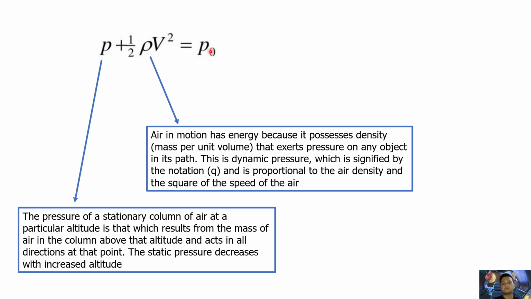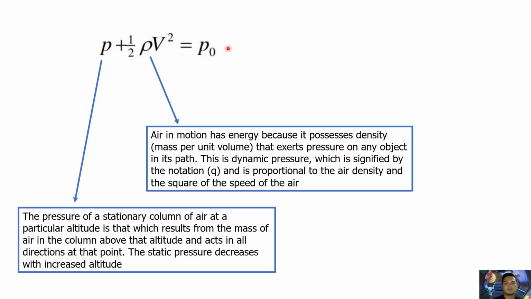P sub O or P sub T is the total pressure. Total pressure, stagnation pressure, stagnant pressure, no? Reservoir pressure, no? Pwede natin gamitin tong equation na to sa reservoir.